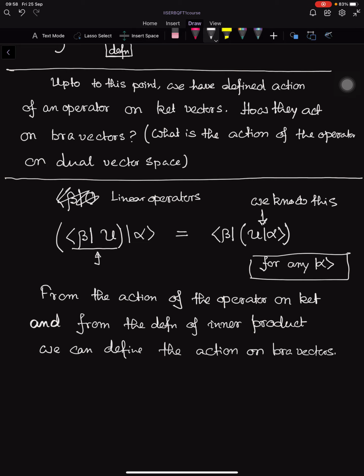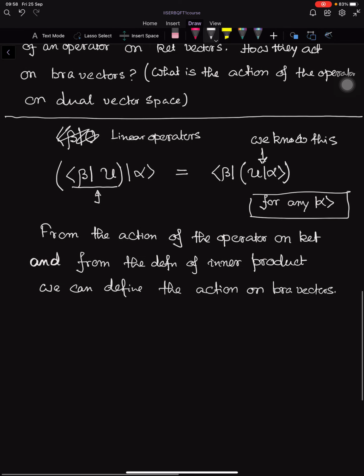But this definition only works for linear operators. Why? We will see.